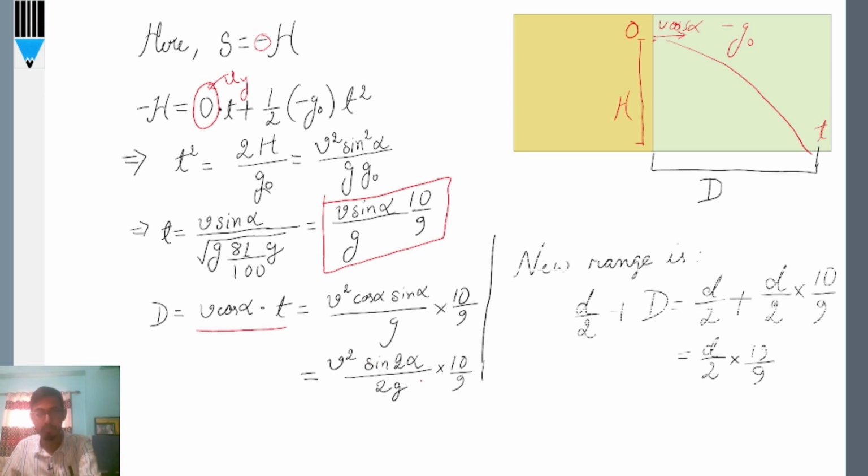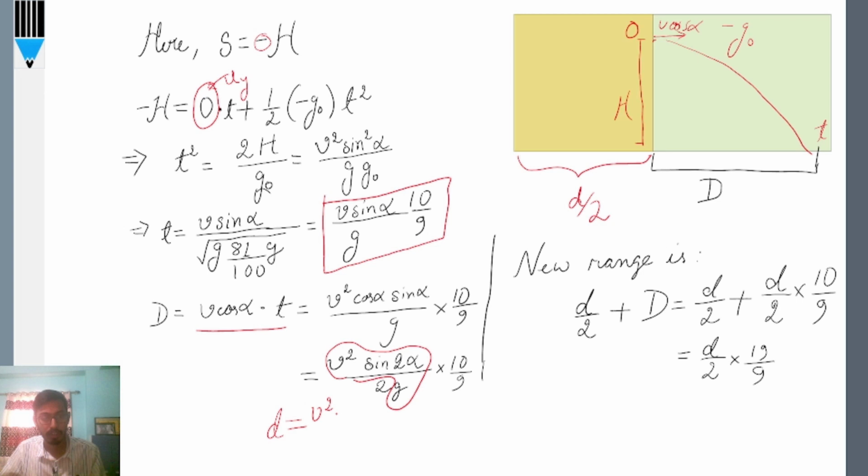The new range will be, originally we came from d by 2, so now we add d by 2 with capital D. If you have looked carefully, then the first part is actually d. The d expression I showed in the first slide was v square sin 2 alpha upon g. If we plug this in, it becomes d by 2, so we plug this here in the form of d by 2 into 10 by 9.